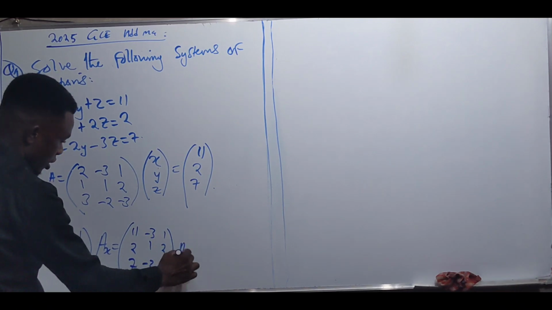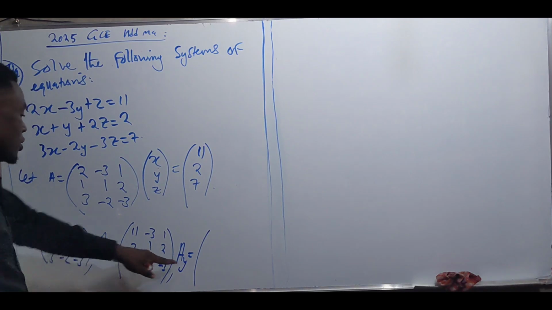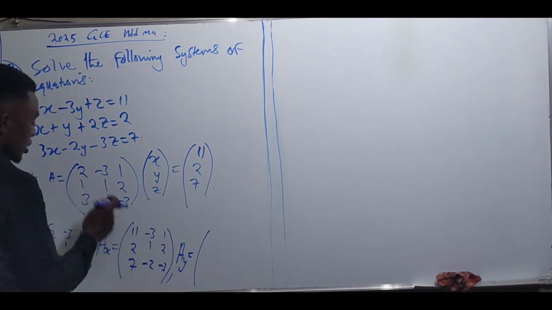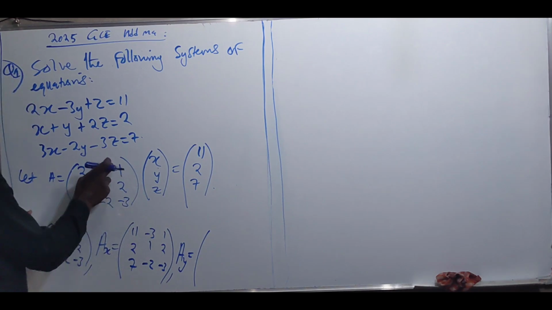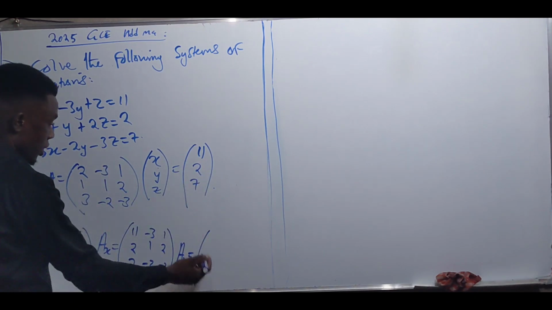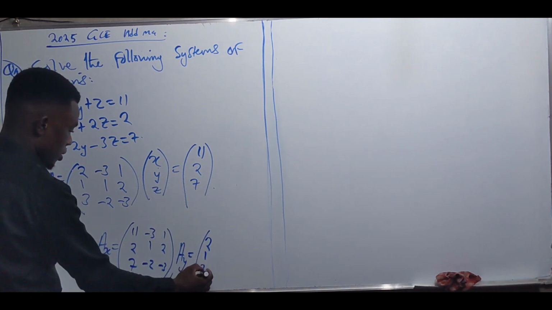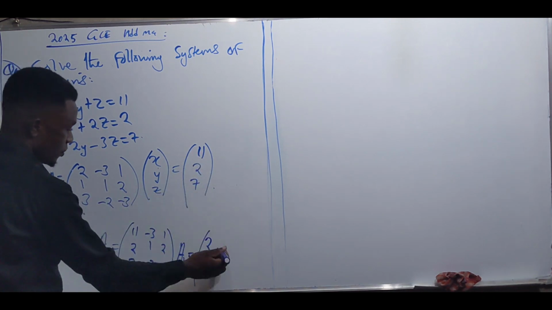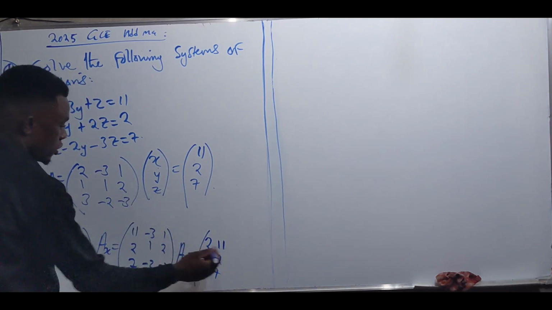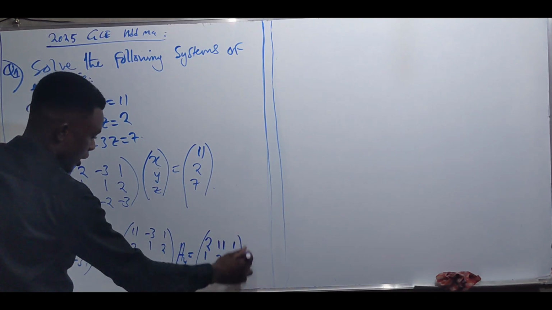Similarly, the augmented matrix with respect to the y values, we are just substituting the y coefficients with the values. So we have 2, 1, 3, then I'm substituting 11, 2, 7, then 1, 2, negative 3 will remain like that.